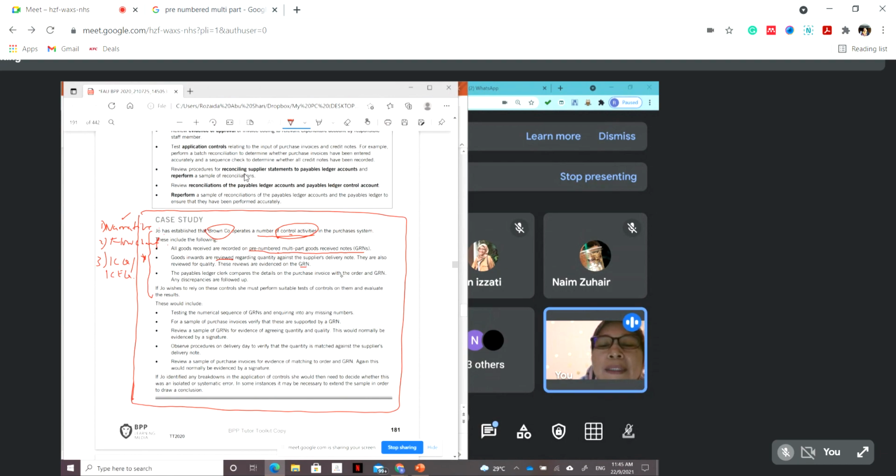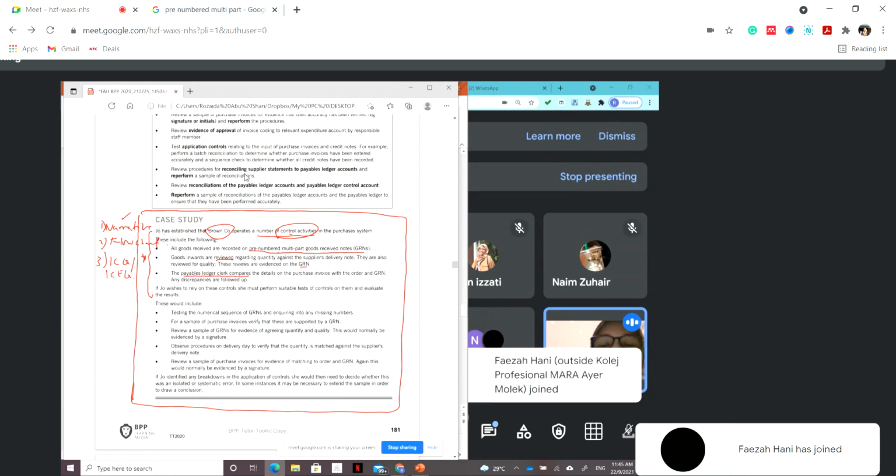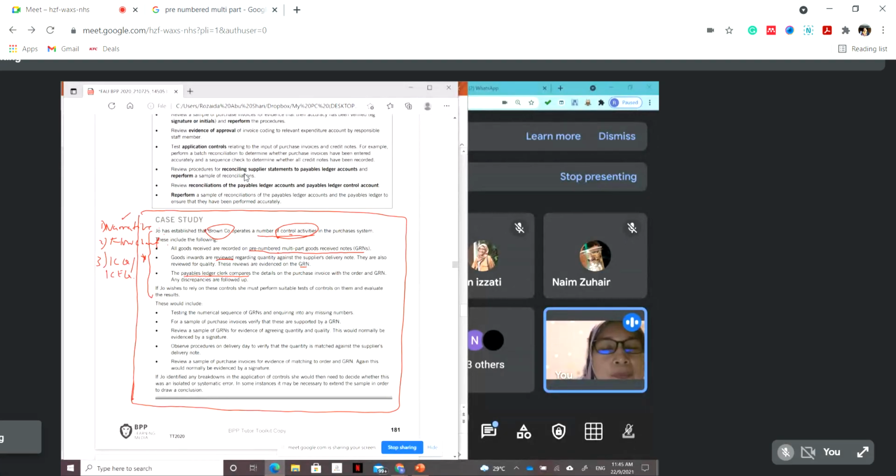The payables ledger clerk also compares the details, to check the completeness of the record. The payable clerk compares the details on the purchase invoice with the order and GRN, and any discrepancies are followed up by the purchase ledger clerk. So these are all the control activities that exist.